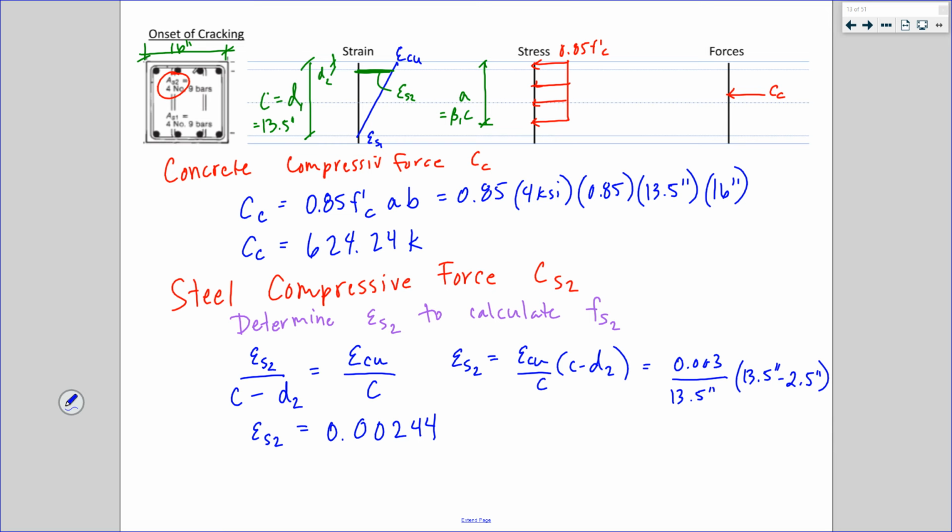Now if I just multiplied that by 29,000, I would get 70.9 ksi stress. That's greater than my yield strain of 0.00207 because this is 60 KSI steel. Therefore, my stress is equal to my yield stress, 60 KSI.